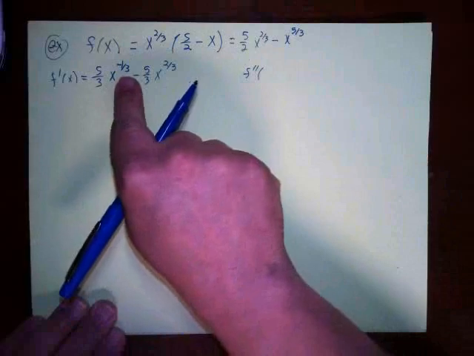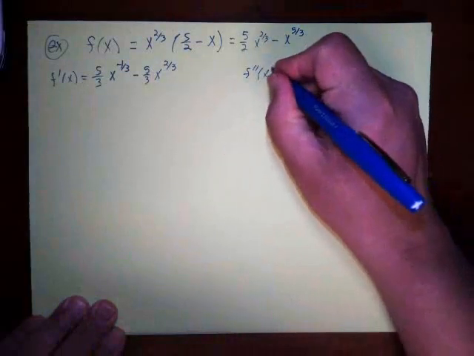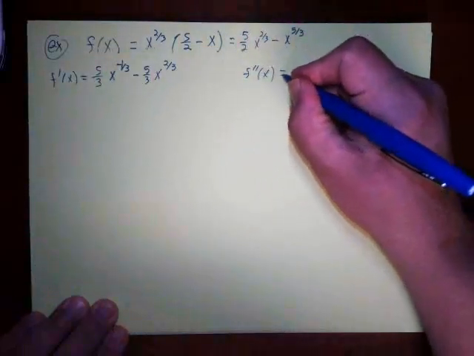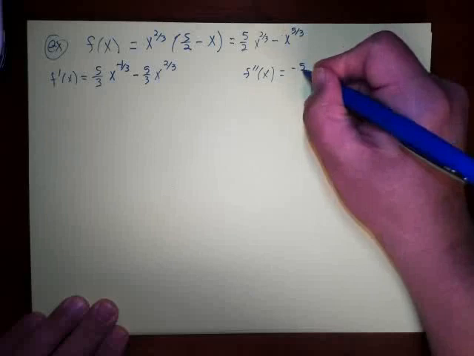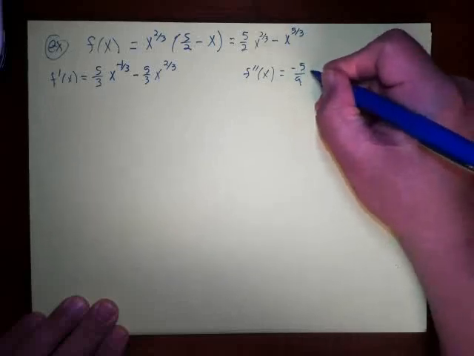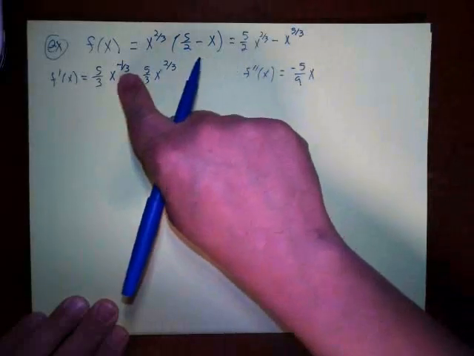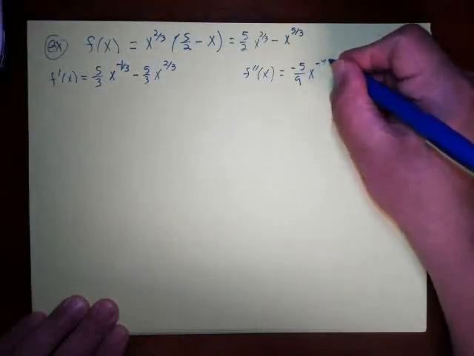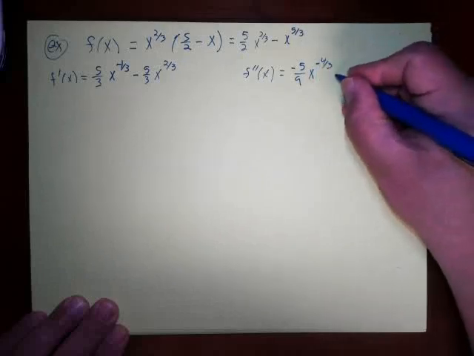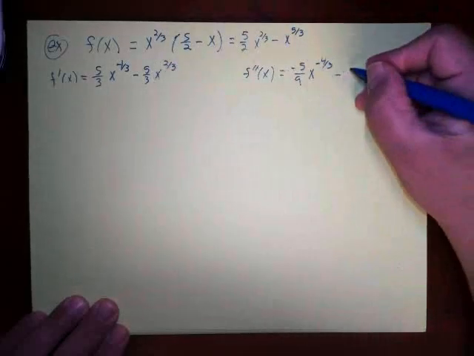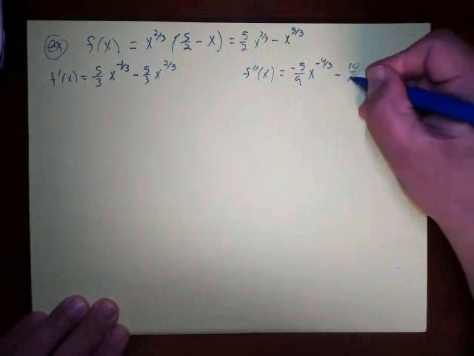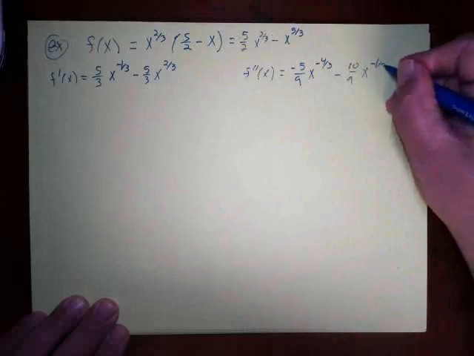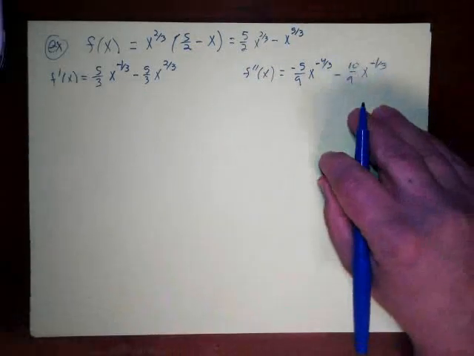So in this case, I'm going to take the second derivative of this, so I'm going to bring down that negative 1/3, and I'll get negative 5/9 x to the, and then subtract 3/3, so that would be negative 4/3, minus, and then I'm going to bring the 2/3 down, and that would be 10/9 x, and then subtract 3/3, so this is negative 1/3. So that's the second derivative.